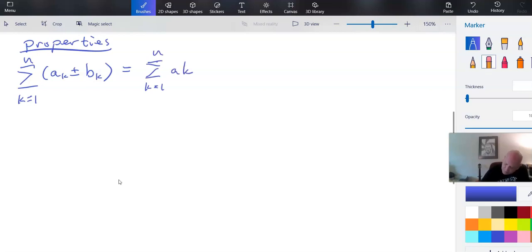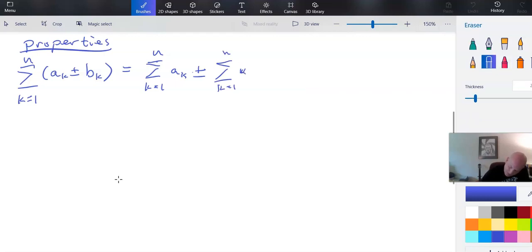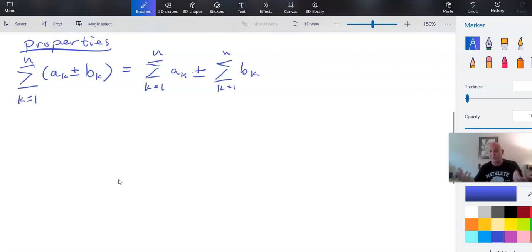So I can work that one out. And whatever that sign is, either plus or minus, you're going to get the same sign here. And that's k equals 1 to n of b_k. My handwriting is really not doing so well today. Right, so you can split it up into two things.